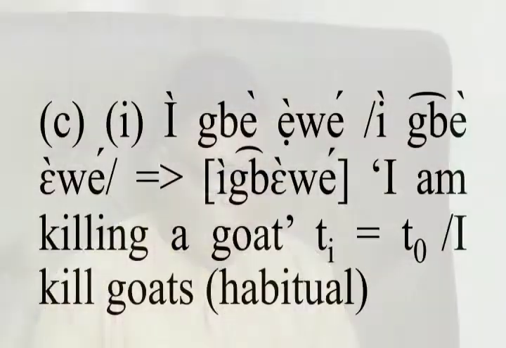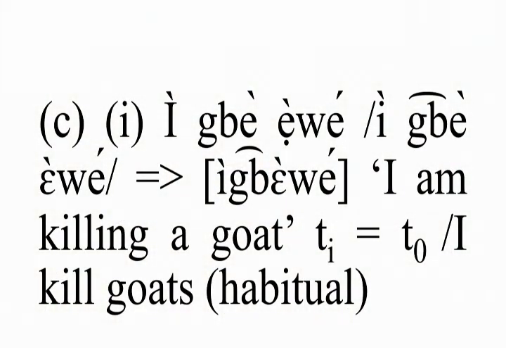Then, there is another interesting utterance. You have it in I think 3 sets like that. So, igbe ewe, igbe ewe. That means I am killing a goat.